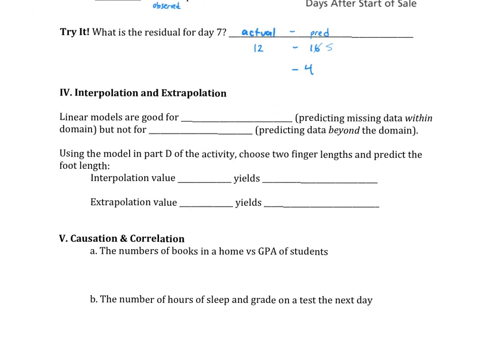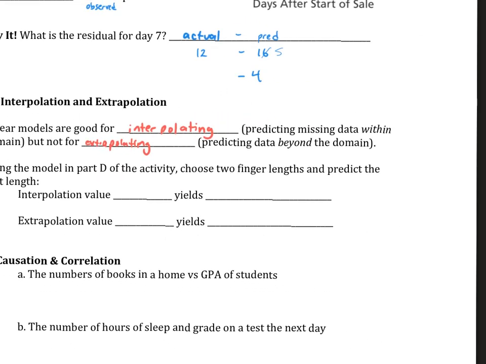Next, interpolation versus extrapolation. Linear models are good for interpolation, or as a verb, interpolating, predicting the missing data within the domain, but not for extrapolating, or extrapolation.